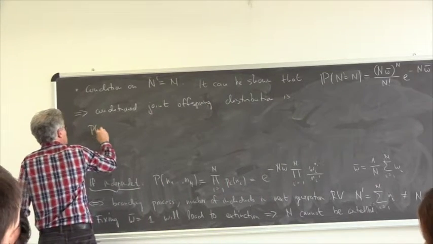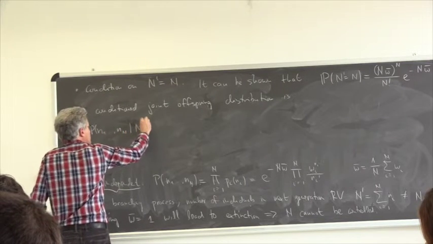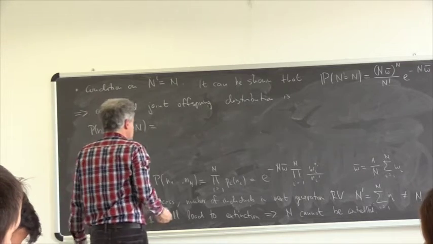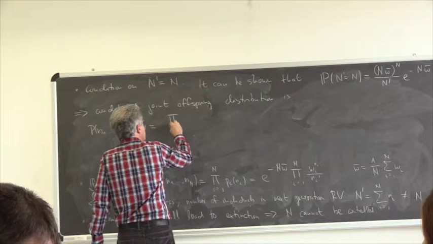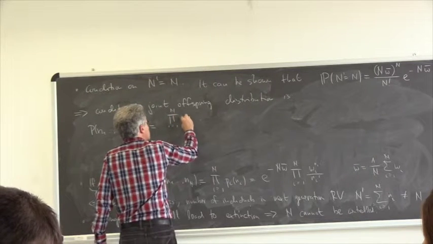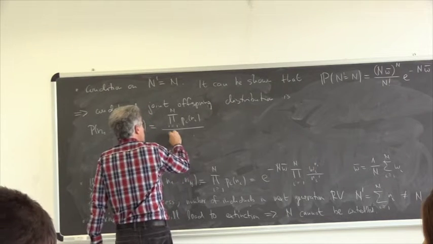So this is now the probability of these offspring numbers conditioned on capital N. And this is just equal to this product here of the independent events divided by this thing up here.